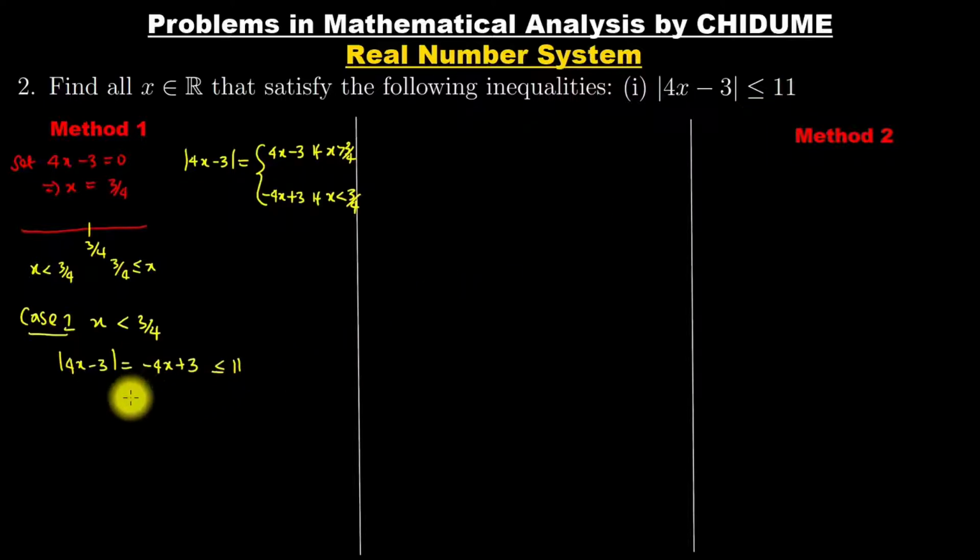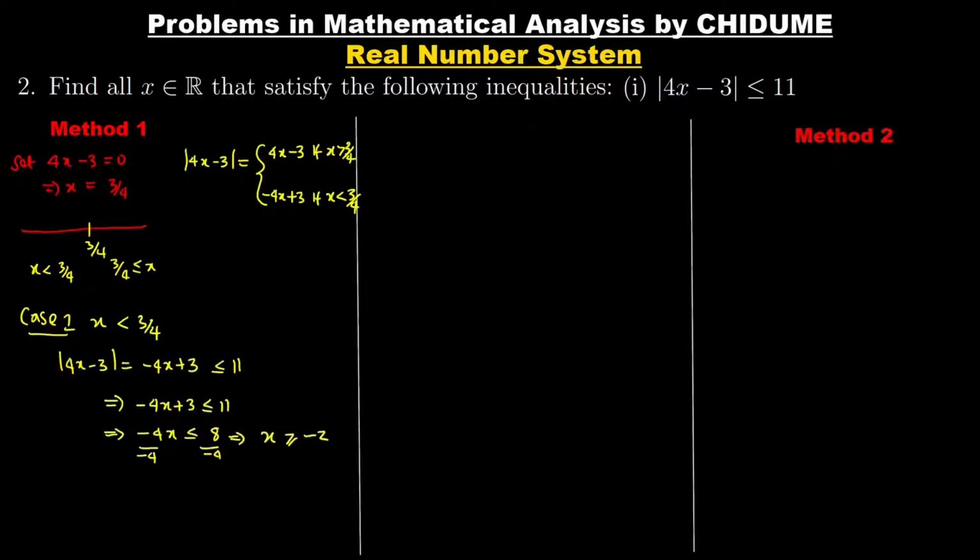If I collect like terms, I have minus 4x plus 3 less than or equal to 11, which implies that minus 4x is less than or equal to 8. If I divide both sides by negative 4, I'm going to have my x greater than or equal to negative 2, because I'm dividing by a negative sign, so the inequality is reversed. Therefore the solution set for this case is what?